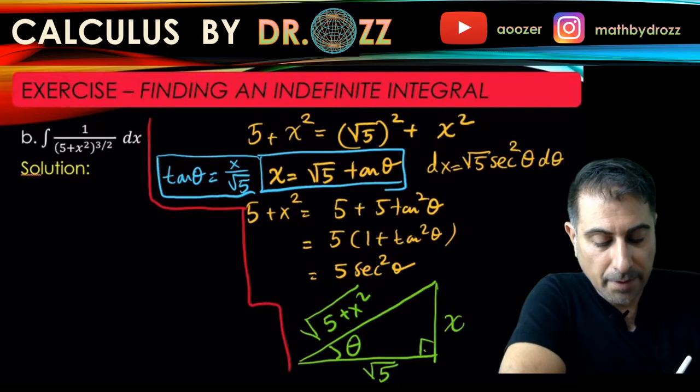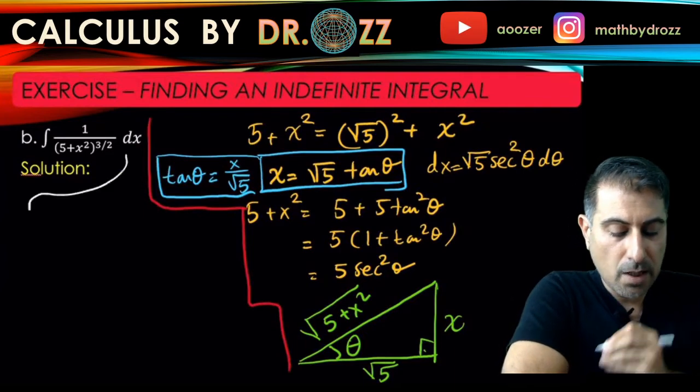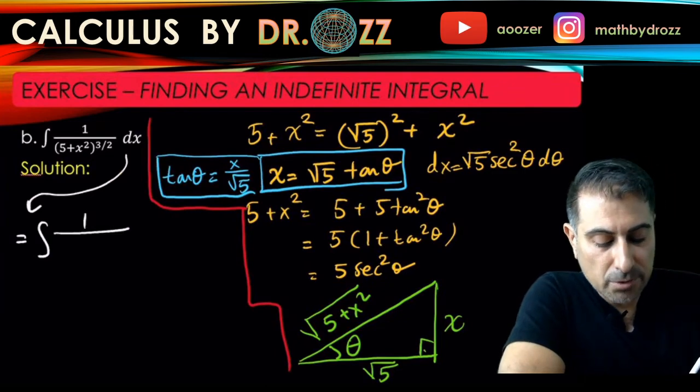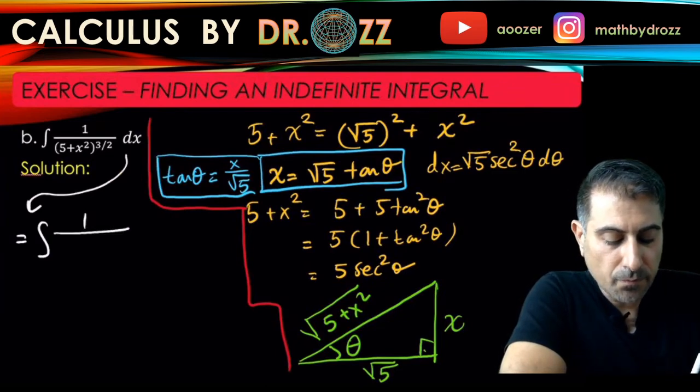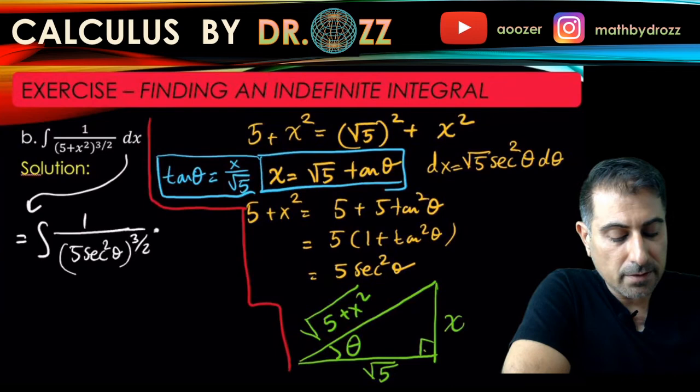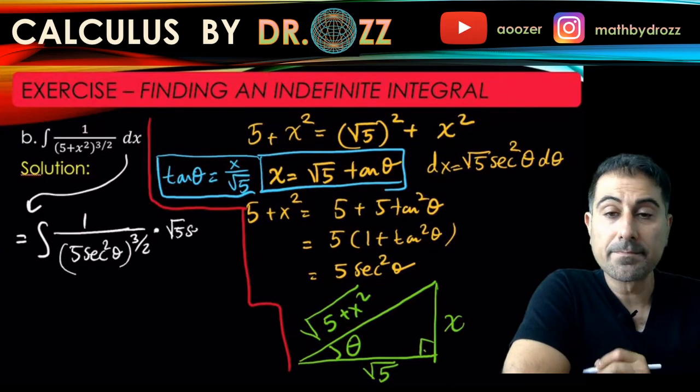I have 1 over 5 plus x squared, and 5 plus x squared is already 5 secant squared, to the power of 3 halves, times dx, and that is radical 5 secant squared theta d theta.